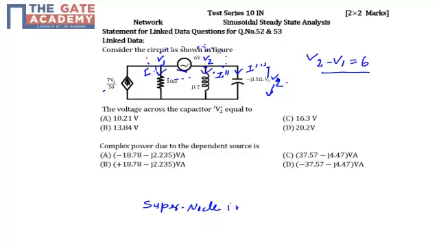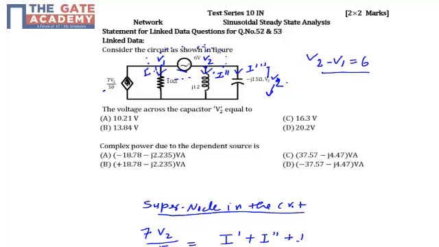By KCL, the sum of the incoming current is equal to the sum of the outgoing current. In the circuit we have only one incoming current, which is 7V2 by 50, and three outgoing currents, which are I dash plus I double dash plus I triple dash.